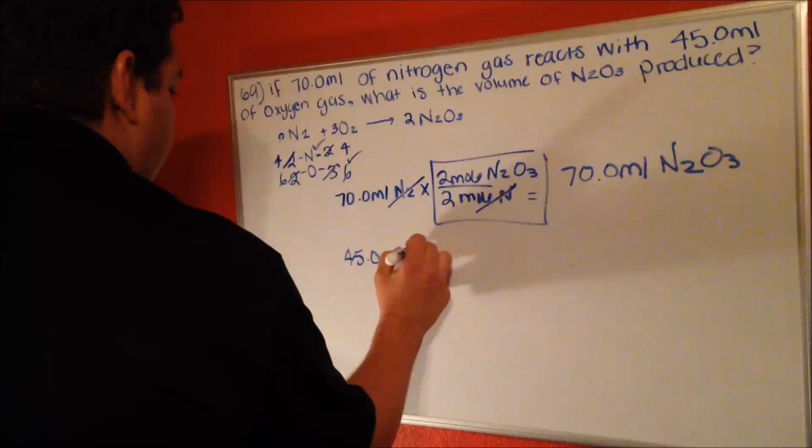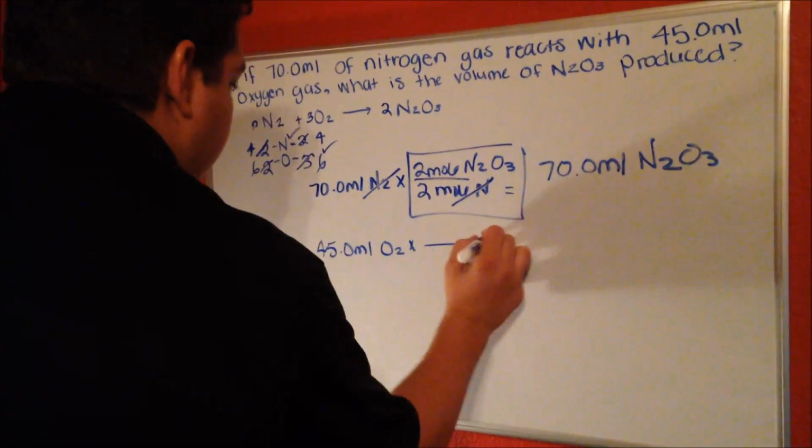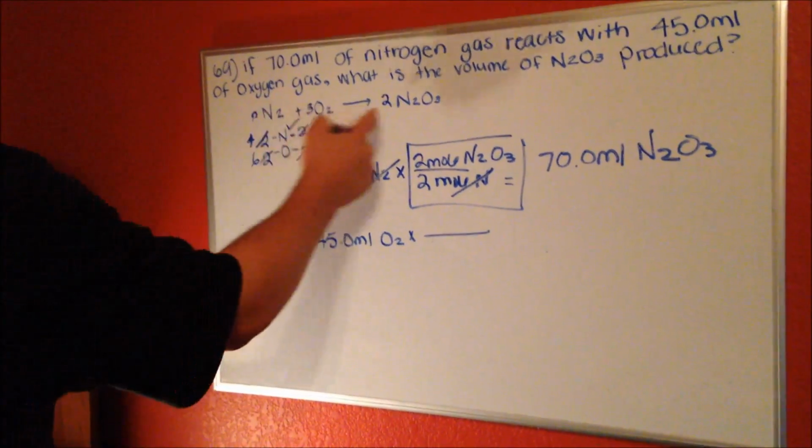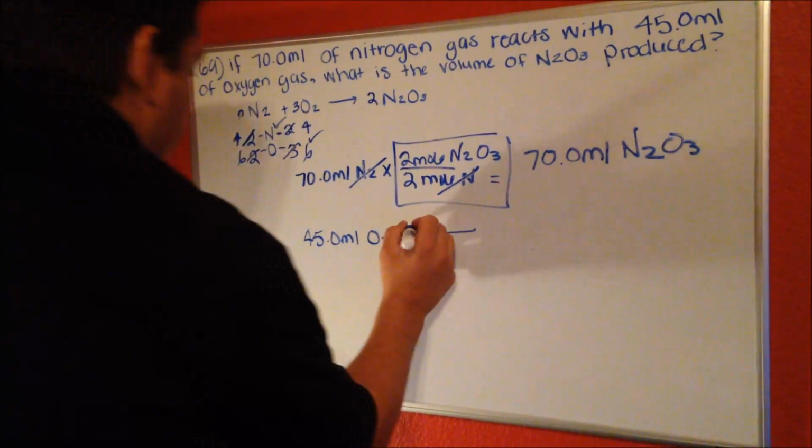Now we have 45 milliliters of oxygen gas, and that's going to be a 2:3 ratio.